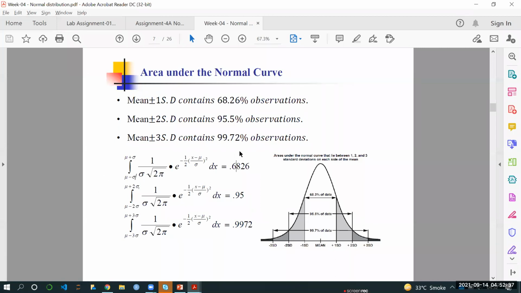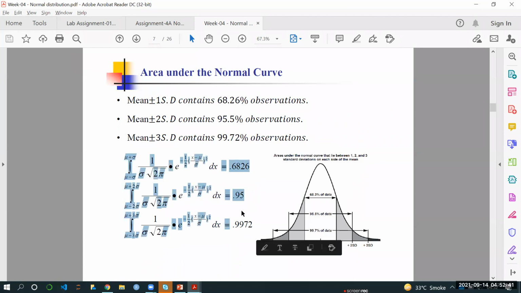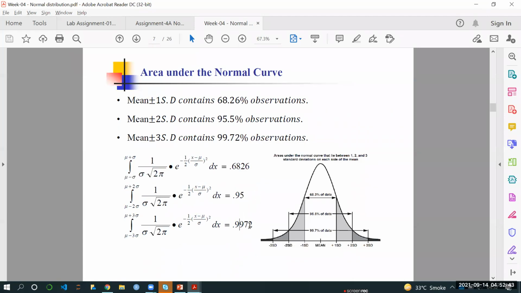How many observations will we have? We will have 68%, 95%, and 99.7% of observations within these three limits. So if you have 100 students, 68 students will have marks from 55 to 75, 95 students will have 45 to 85, and around all students will have grades from 35 to 95.